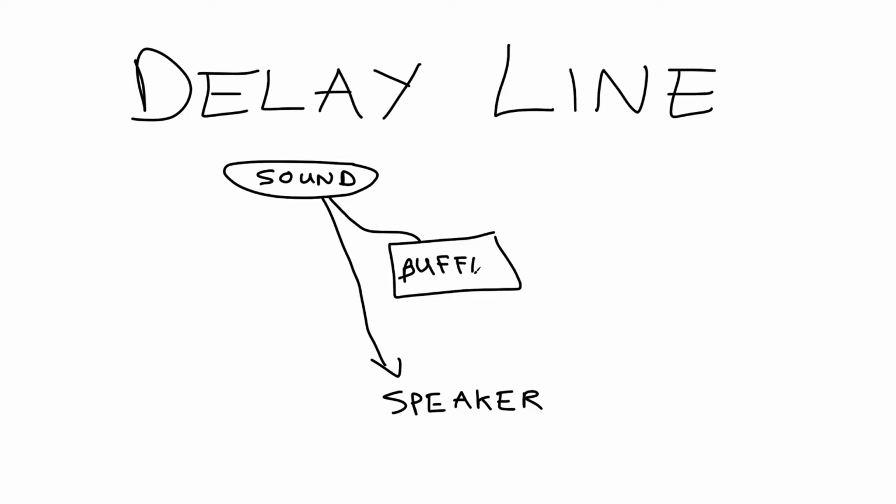The buffer just holds sound for a moment in time, and then after that time it is released. So we hear the sound, and let's say this is 500 milliseconds, or half a second. The sound is then heard half a second later. That's the basic idea behind a delay line.